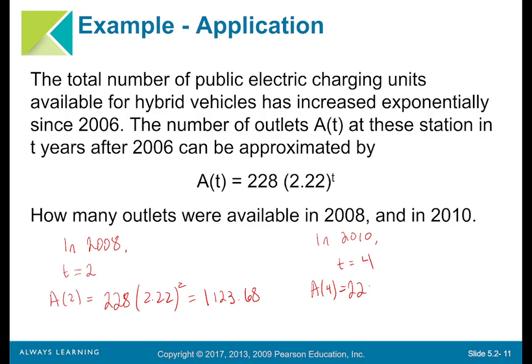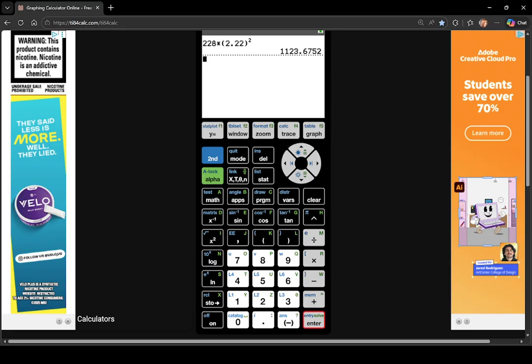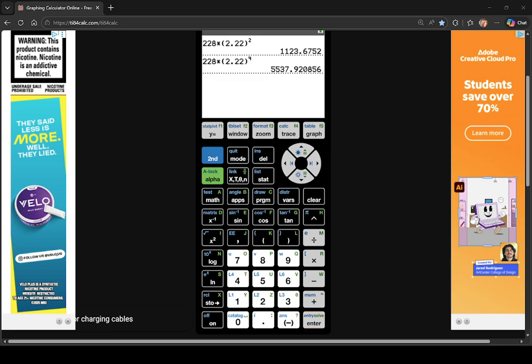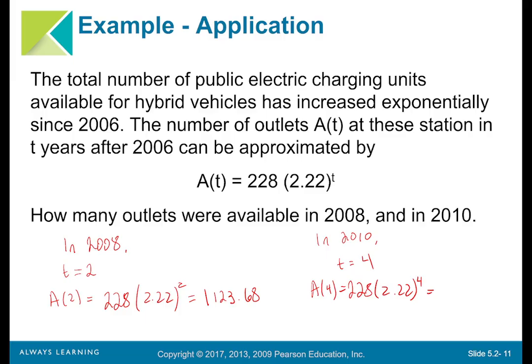And we have 228 times 2.22 to the 4, which, going back to our calculator, is 228 times 2.22 raised to the 4. 5537.92. Back to the slides. 5537.92.